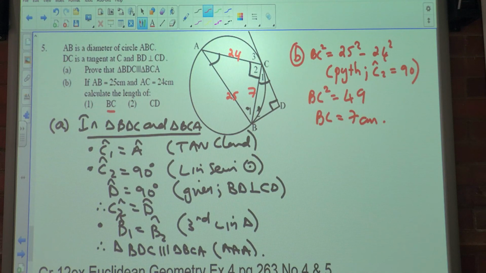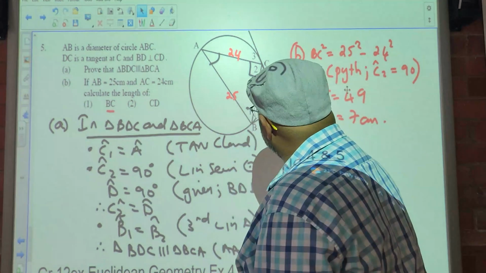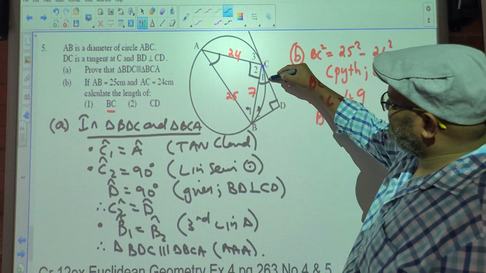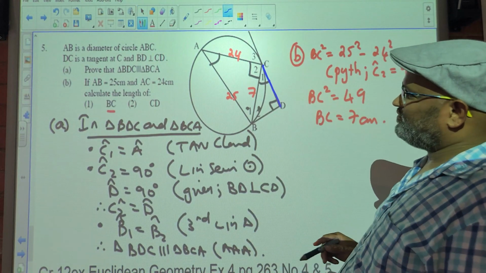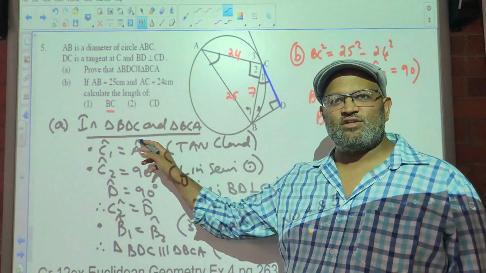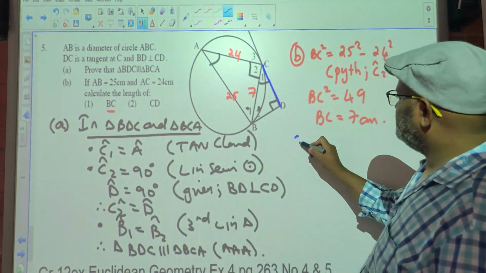Okay. Now they ask you with regards to CD, which is this length here. So of course I'm going to use the ratios, not so? So what do I say?